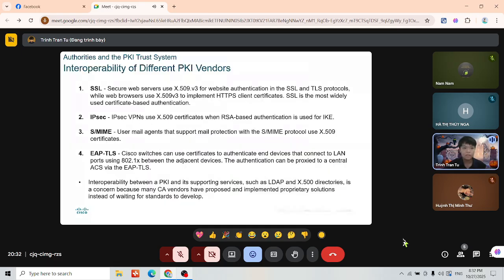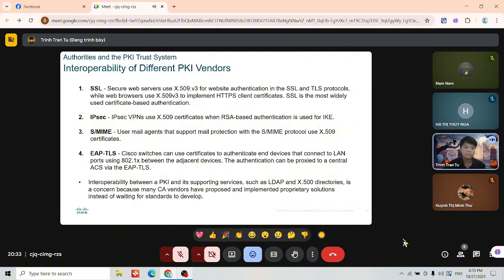And the next, 11. PKI applications are different. We have TLS, SSL, web security, IPsec VPN, network security, S/MIME, email security, and EAP-TLS, device authentication.